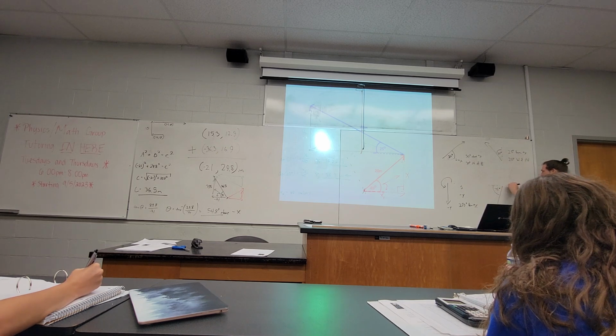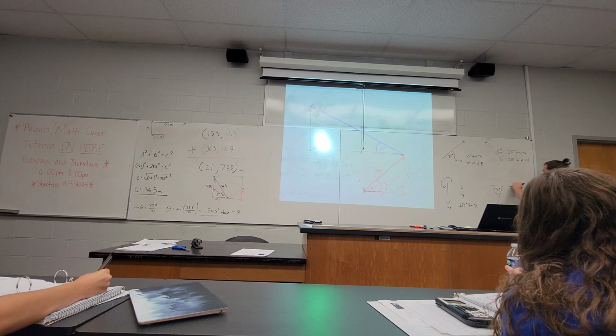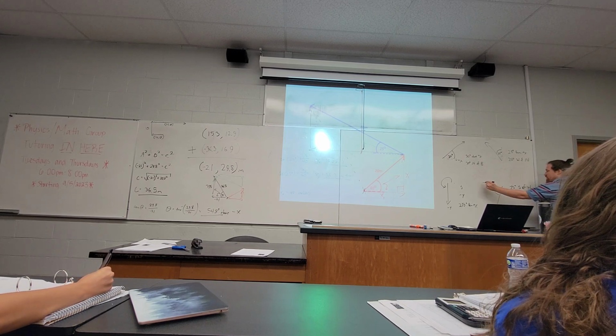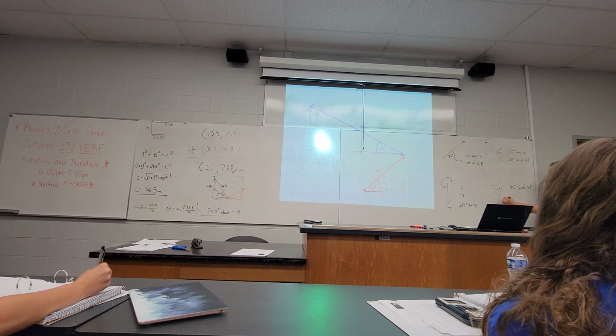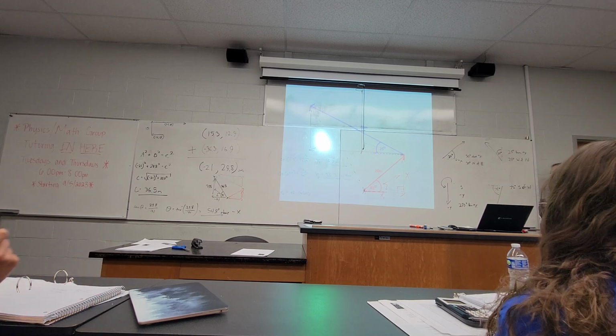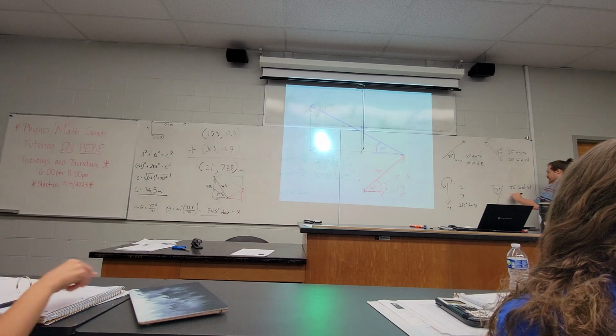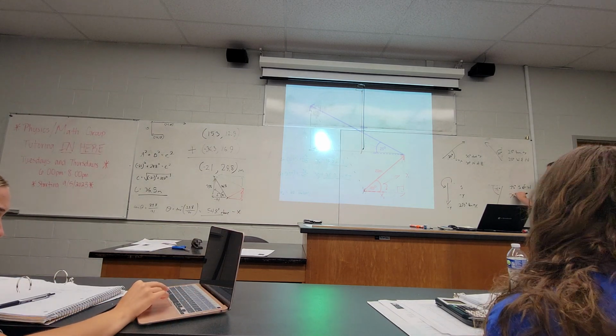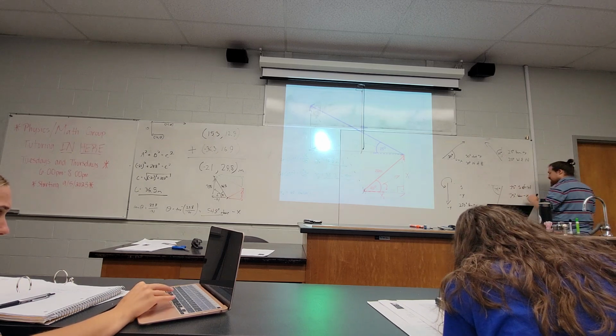Degrees south of west. Very good. South of west. Starts west, and then you tilt towards the southern axis. Just to give another example, someone might also call this 75 degrees below negative x.